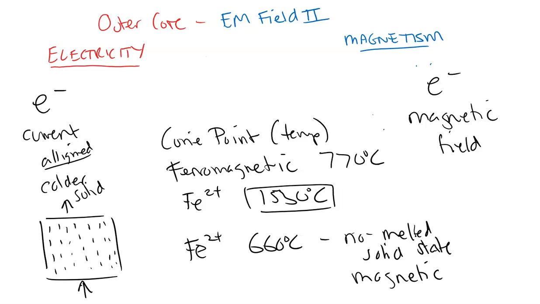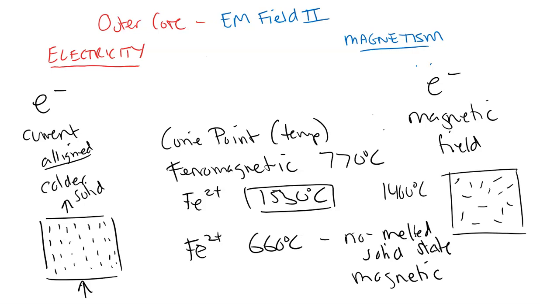However, if iron is above this temperature, let's say iron is 1400 degrees Celsius, because it's partially melted or going towards melting, it would start to disorganize the electrons and the atoms within the iron, and the magnetic force would be all over the place.